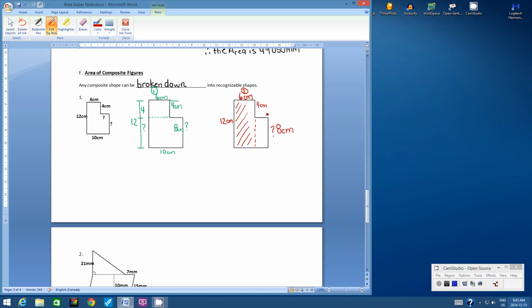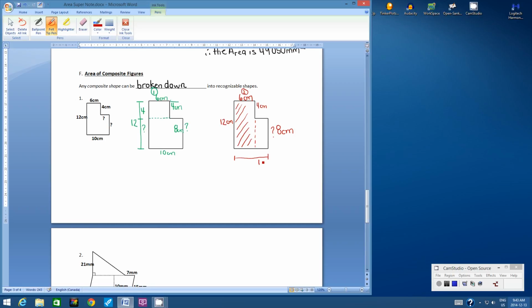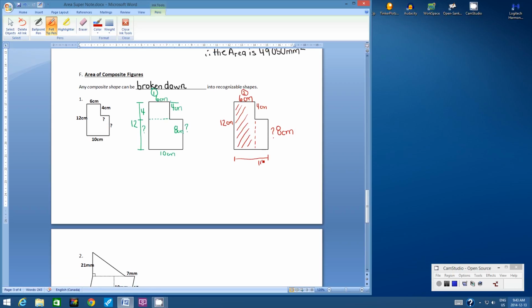Now how about this little piece here? This is a mystery. We know that this length right here is 10, and this length to here is 6 because that's this side up here. So how would I solve for this?